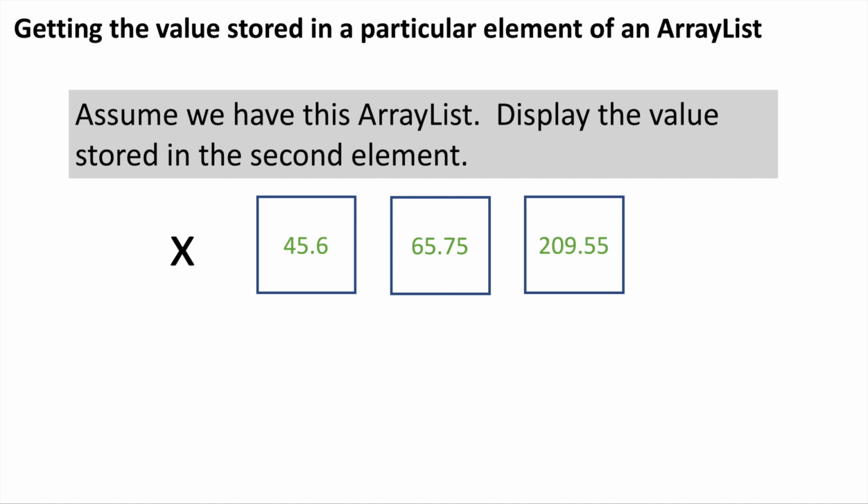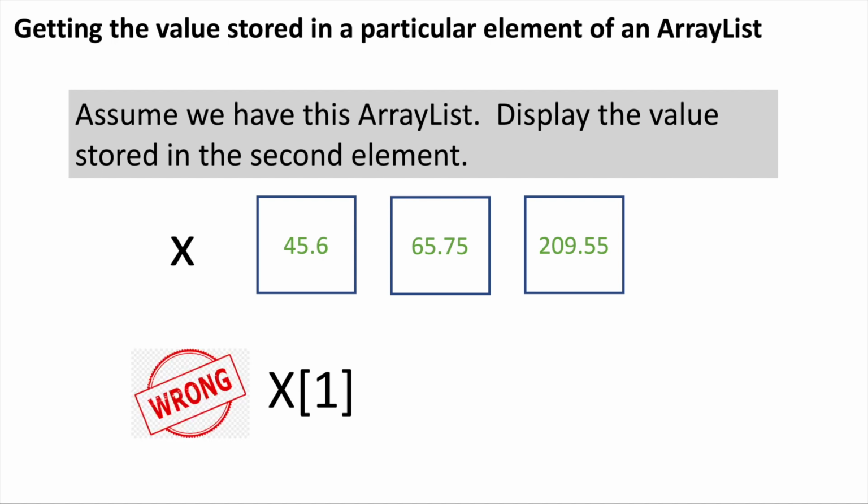So what is the index of the second element? The index of the second element is 1. So now if we do this, will it work? This is what we used to do in the array. It will not work because array list does not support this type of notation or syntax.